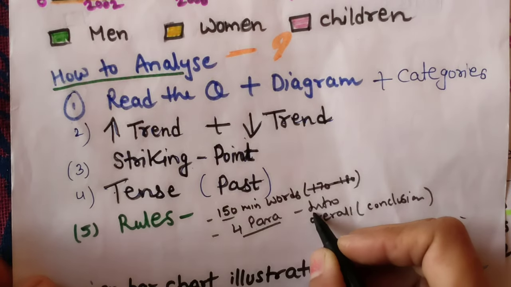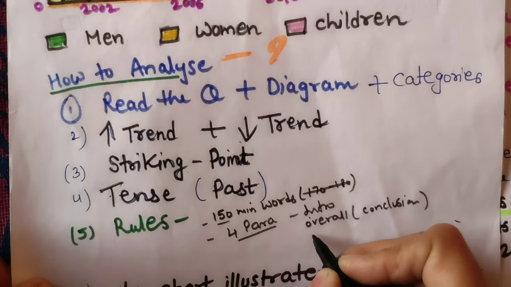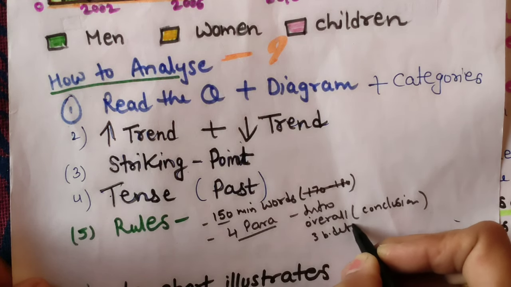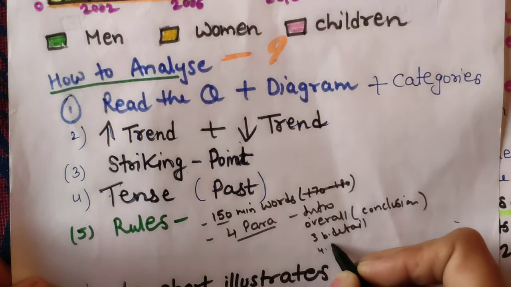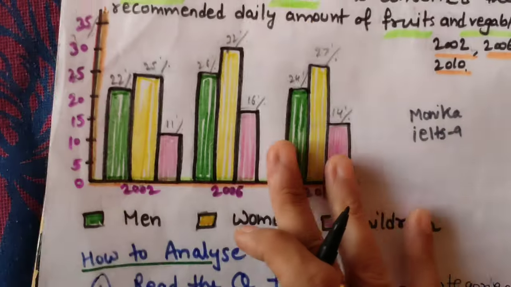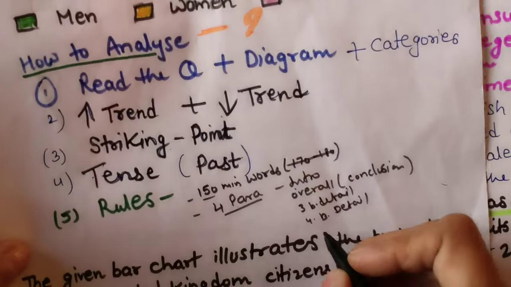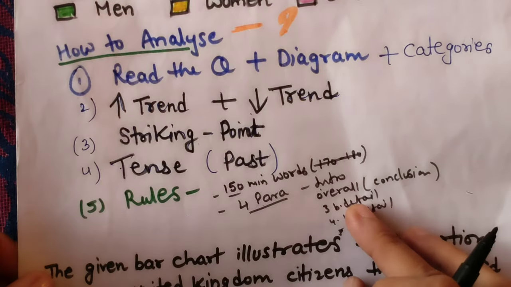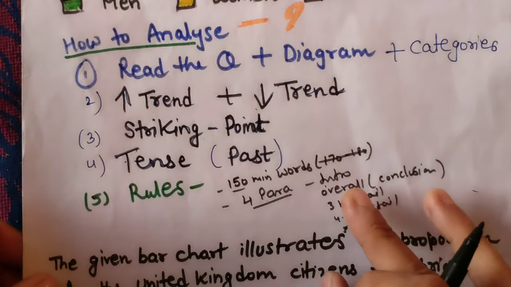Then first is the introduction, second is overall, and third is a body detail paragraph. Fourth is also a body detail paragraph. And sometimes when more information, more lengthy diagrams are there, you can make a fifth paragraph also. It means you need to paragraph the information.